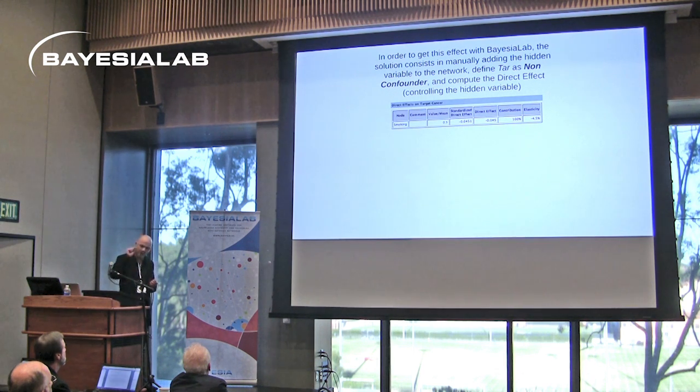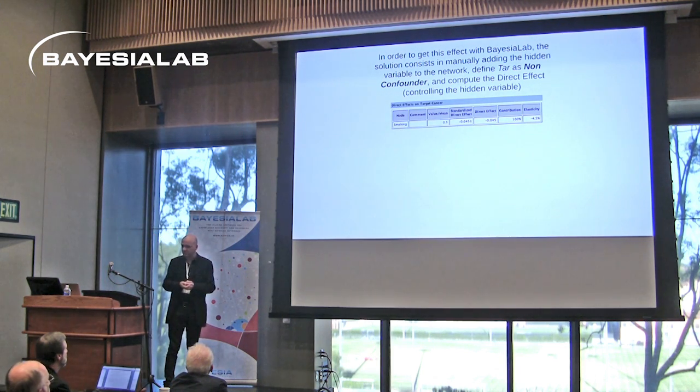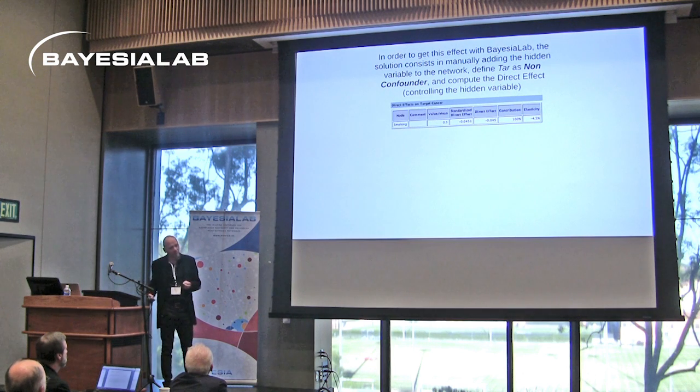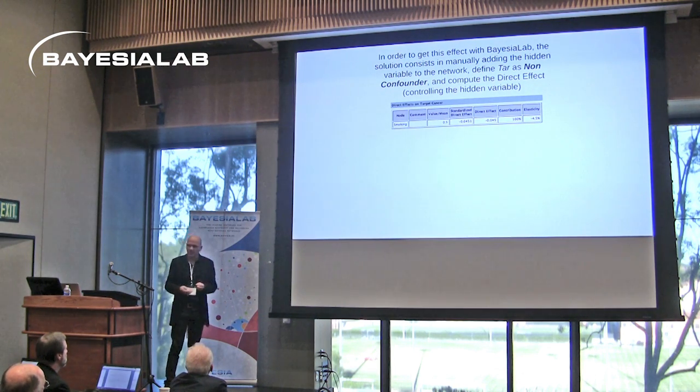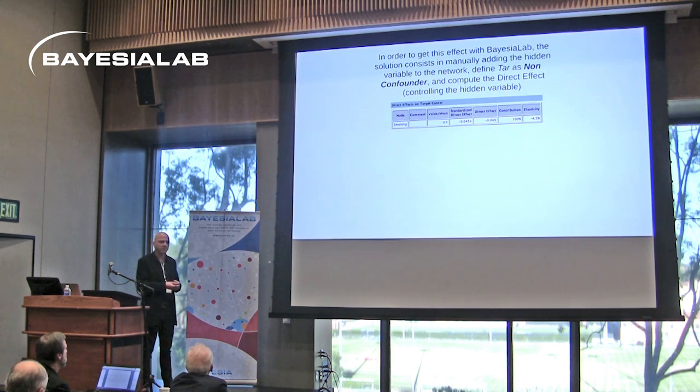So you just have to create this node. So those who use BayesiaLab now know that this node will be white, right? You have to add a link from this hidden node to cancer, and then, it was my question a long time ago, I said, but what would be the conditional probability here between this hidden variable and cancer?